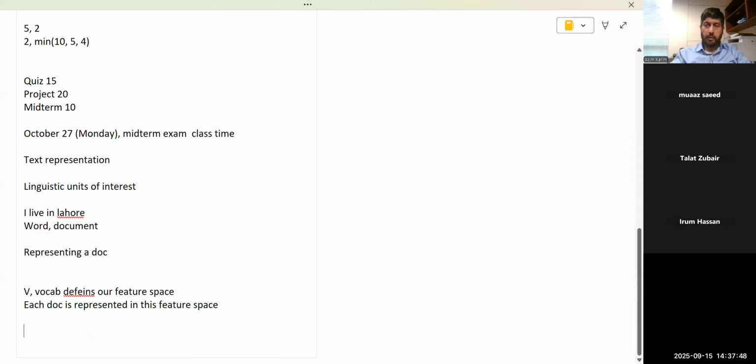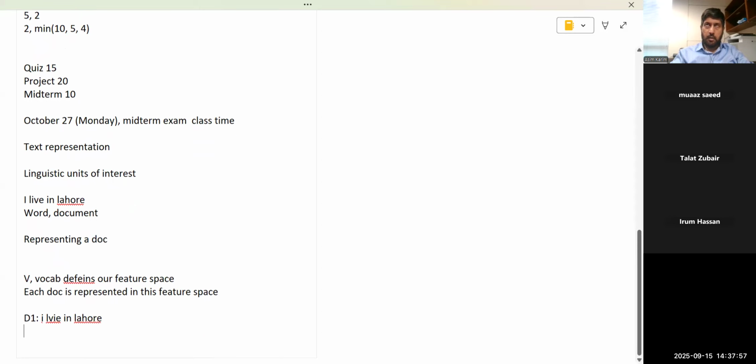So let me now create two bigger documents. So let's say D1 is document one, I live in Lahore, and let's say D2, she lives in Karachi. Okay.